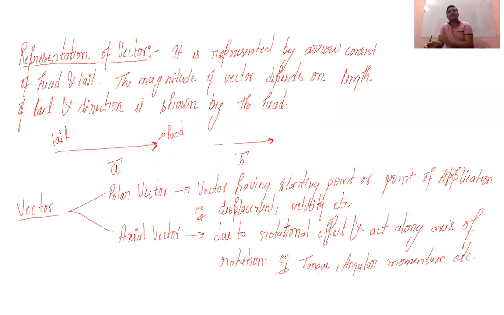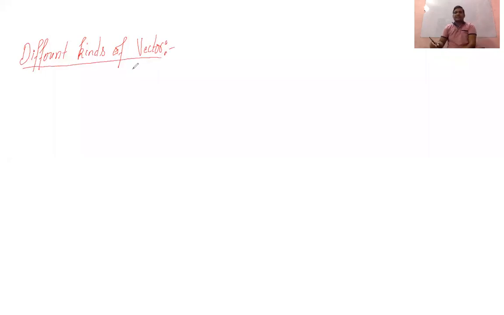So these are the different kinds of vector which we are going to understand right now.